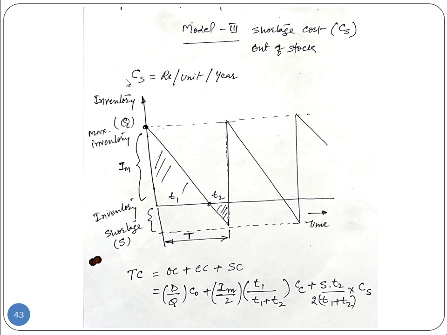और दिस शॉर्टेज कॉस्ट आई राइट इज CS। तो शॉर्टेज कॉस्ट क्या है, पर यूनिट कितने मैं खर्च कर रहा हूँ, रुपीज पर यूनिट पर ईयर। एक यूनिट का अगर मैं शॉर्टेज कॉस्ट देख रहा हूँ तो इतने रुपए एक साल के लिए वो इतना कॉस्ट मेरे पास आ रहा है। Now in this case I am going to write, first we draw the graph for this.